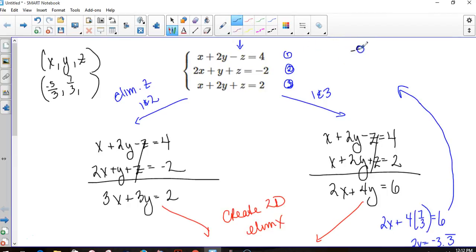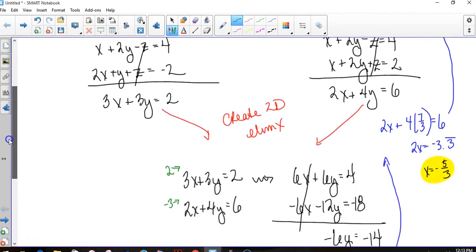So I have an x, which is a negative 5/3, plus 2 times y, so that would be 14/3, plus a z, equal to 2. Let's see, this is going to be a 9/3. Oh, we like 9/3 because that's a 3. And z is a negative 1. And that's where those planes will intersect.